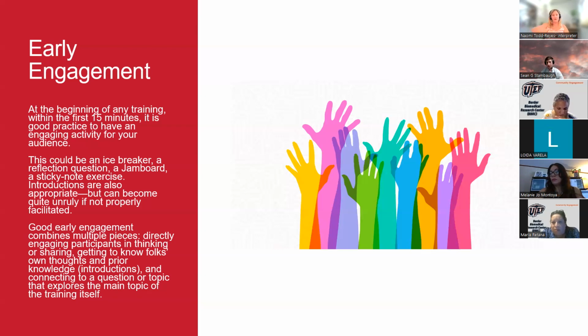There are a lot of different ways to have early engagement in your training, but you usually want to have some sort of engagement piece within the first 15, 20 minutes of getting started. It could be an icebreaker, a game, a reflection question, a Jamboard, which is what we are about to do. There are lots of options for your early engagement, but you do want to do some engagement piece pretty early.